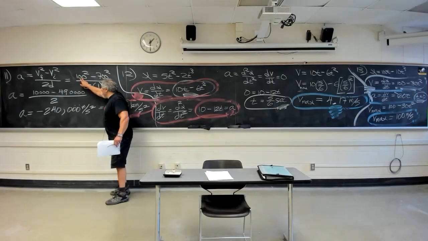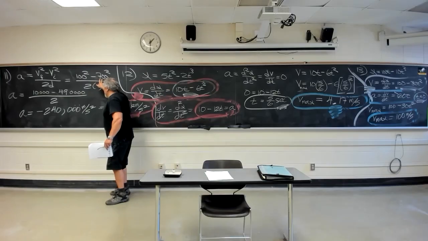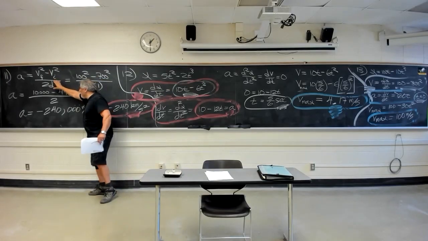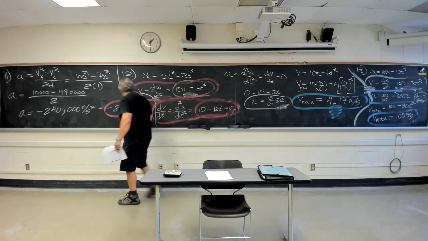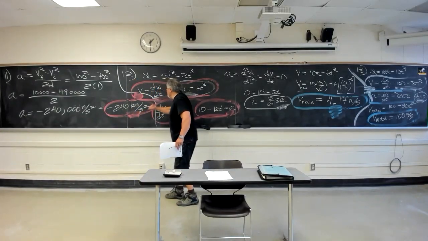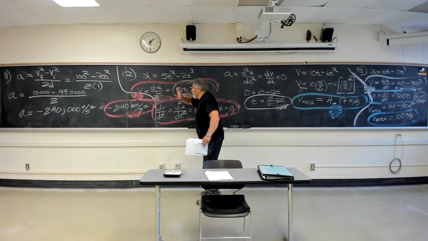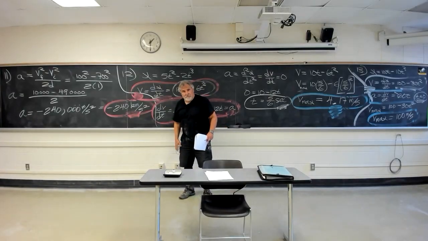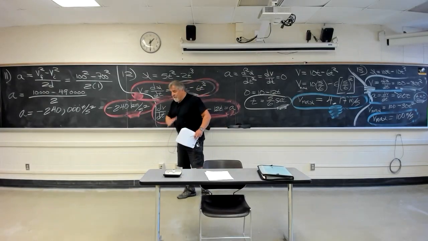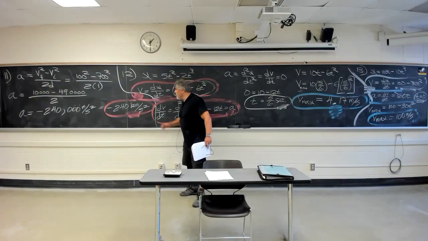This is the magnitude of the exit velocity, 100. This is the magnitude of the entrance velocity. You're using this formula, you grind it out, you convert it to kilometers per second squared, and you get this. That's number 11, just in case something got messed up, because the audio is not great here. My fault. I might have hit it or shut it off.